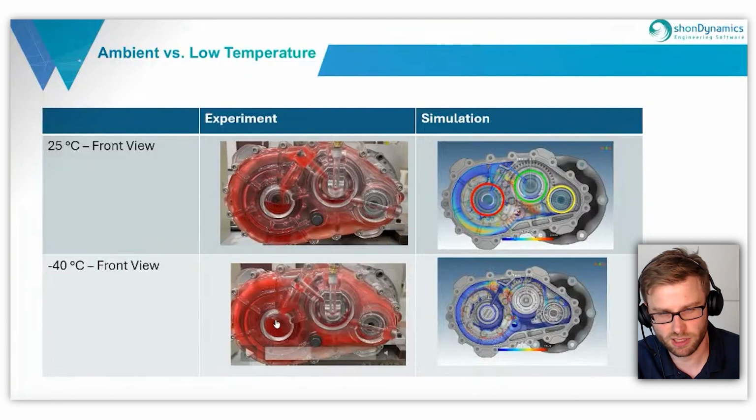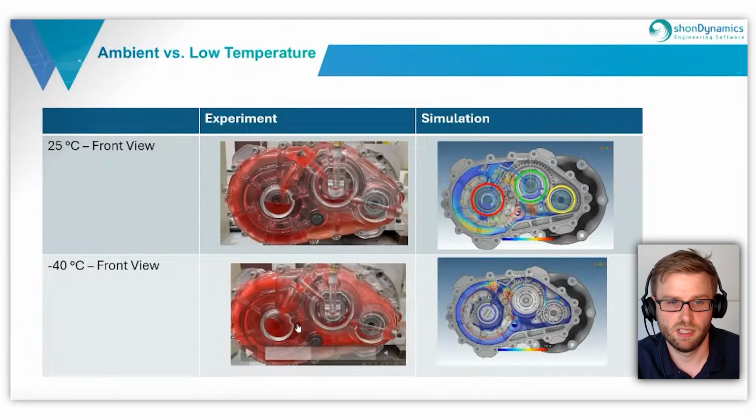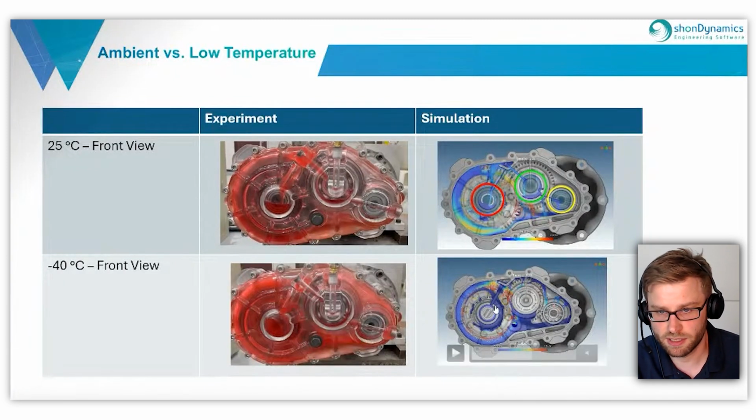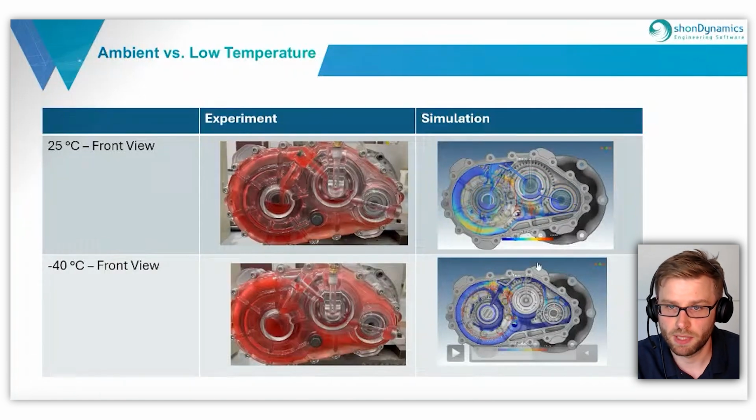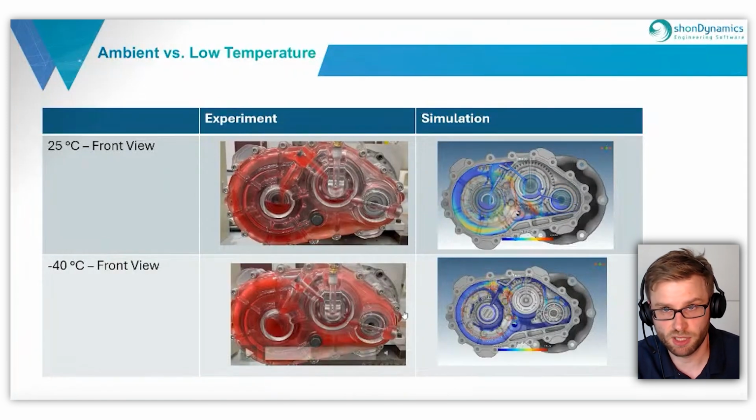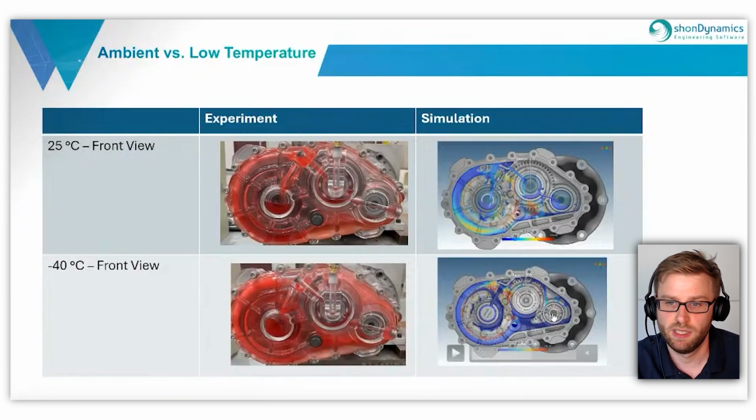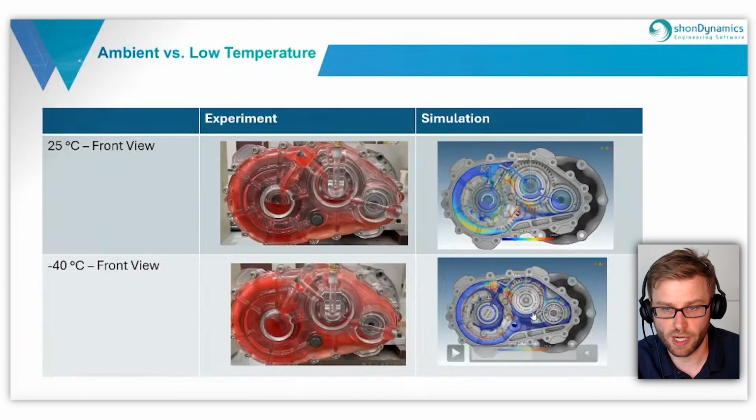Here we have a more or less horizontally filled bearing, but in the simulation we get the lubricant distributed around our bearing. But in both cases, in the experiment and in the simulation, we don't have any lubricant in the middle and in the input bearing.